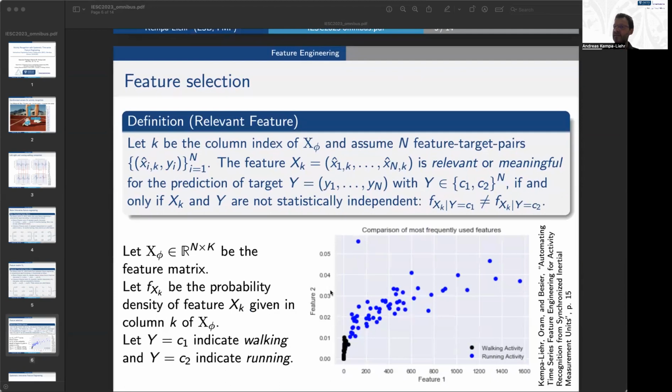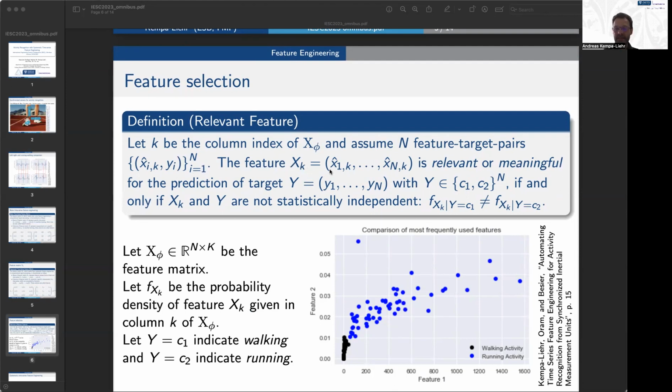So in this time series feature engineering context, the definition of a relevant feature is as follows. Let k be the column index of our feature matrix X, and assume n feature-target pairs. So we've got a feature value and the associated activity, so either running or walking. And i is now the label of that specific window and the associated activity.